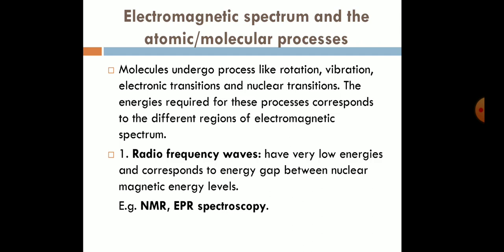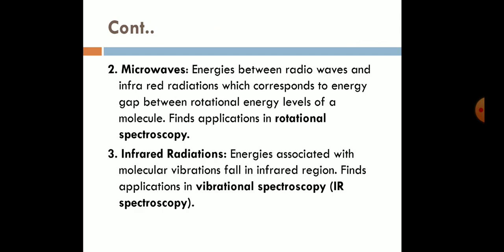The radio frequency region has very low energies, and this much energy can only cause the transitions between the nuclear magnetic energy levels, which are very closely spaced. The examples for this interaction are NMR and EPR spectroscopy. Then second comes the microwave.